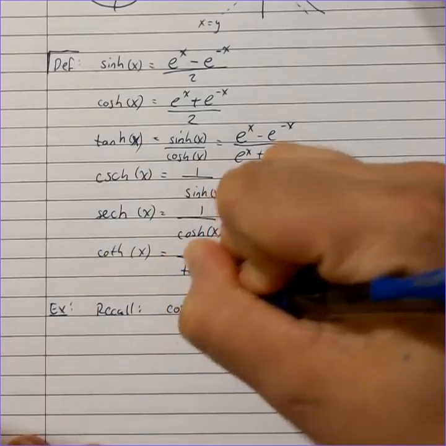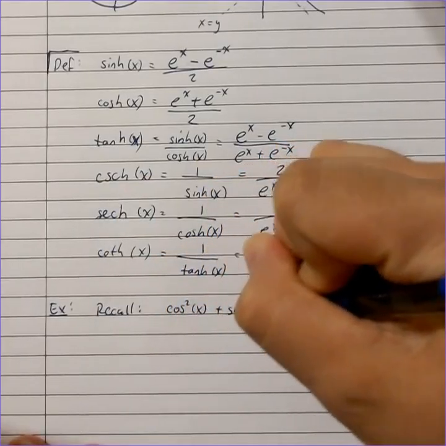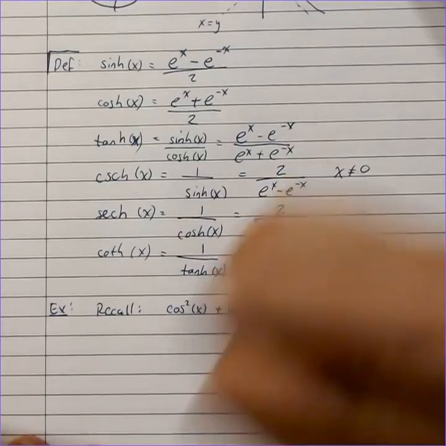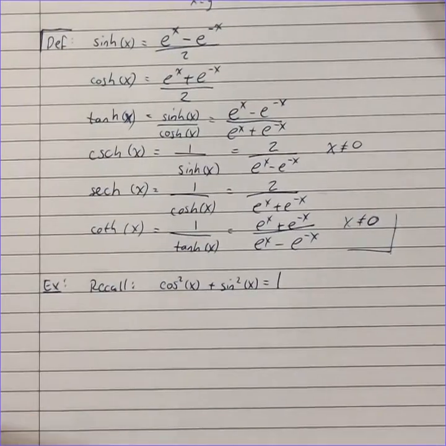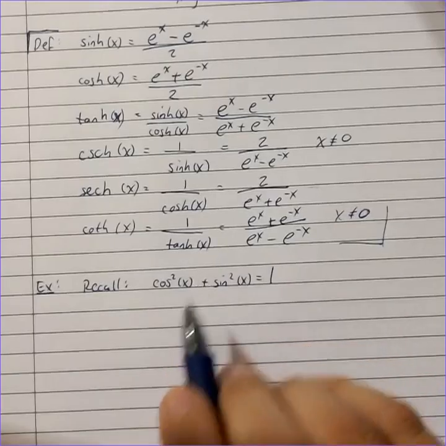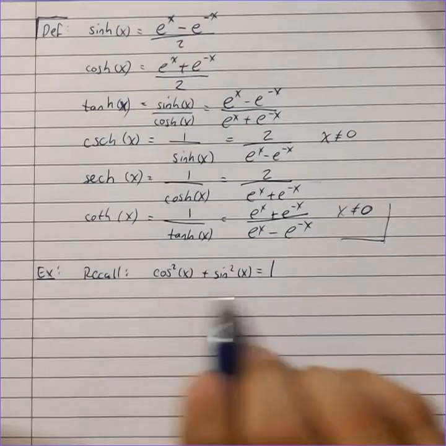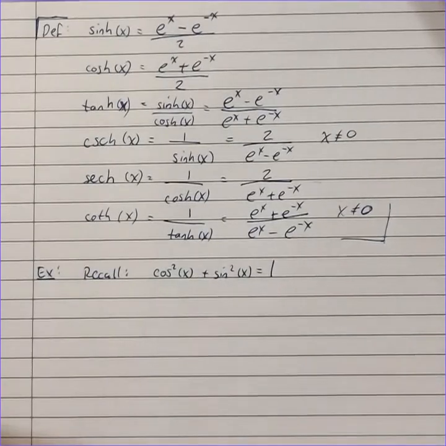Cosine squared of x plus sine squared of x is equal to 1. That's something that's hammered into you all the way since trigonometry, and it's used over and over again in pre-cal and cal 1. And we'll see it from time to time in cal 2 as well. The Pythagorean identity relates the sum of the squares of sine and cosine and tells you it's equal to 1.